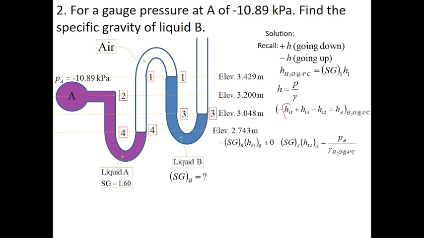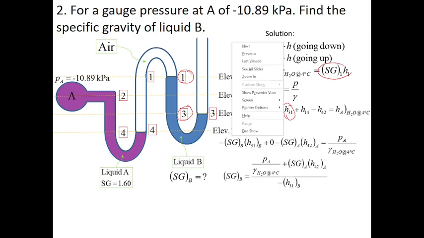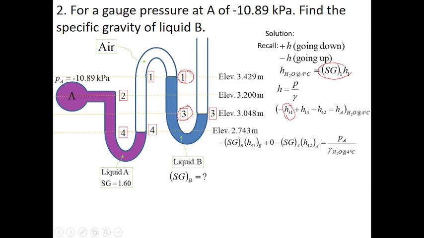We have H31, from 3 to 1. The substance is liquid B. That's why we have minus SGB times H31 for liquid B. Doing that, that will now be converted to pressure head of water from 3 to 1.